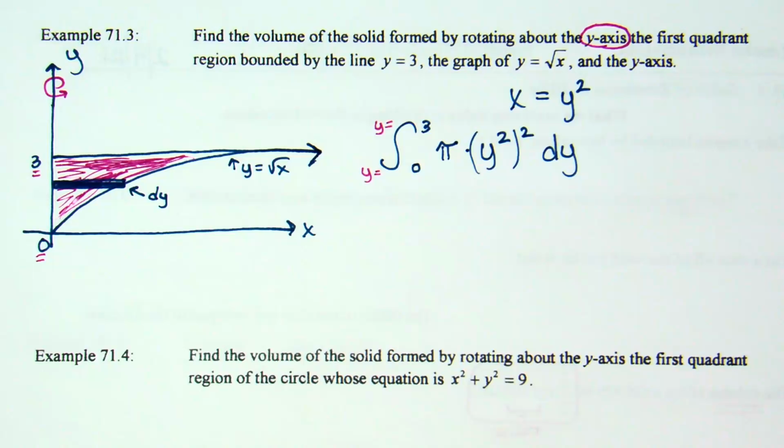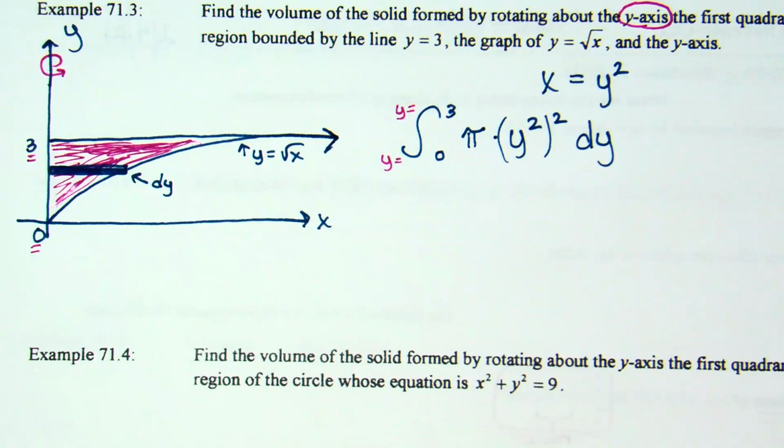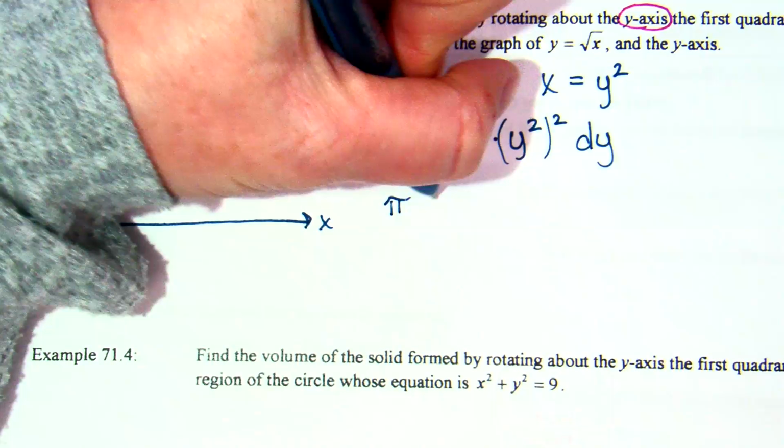What do you know about y squared squared? Y to the fourth. So we're doing pi times the integral from 0 to 3 of y to the fourth dy. I've got a pi out front. What's the integral of y to the fourth?